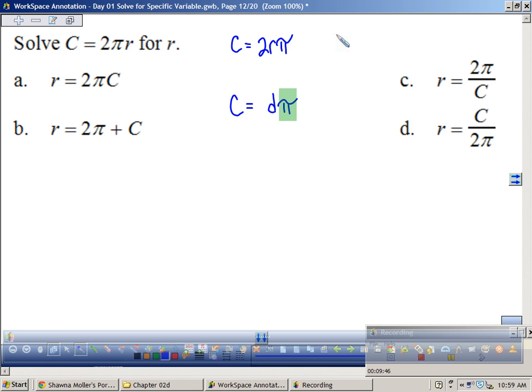D? Because 2 radiuses, 2 of radius is a diameter. Did you know that no matter what, I'll tell you before I unveil it, if you were to take the measurement of all the way around this circle and divide it by across the circle, you get 3.14?